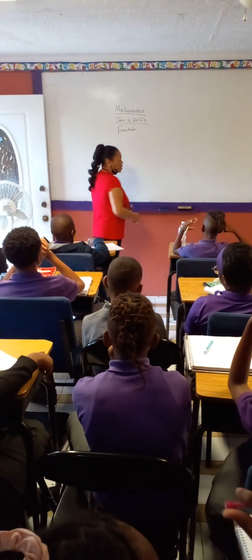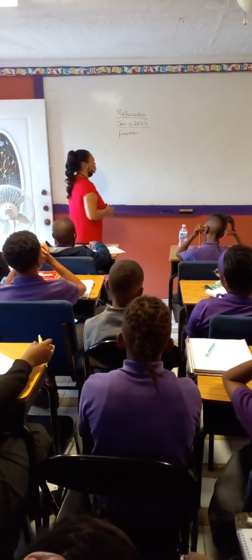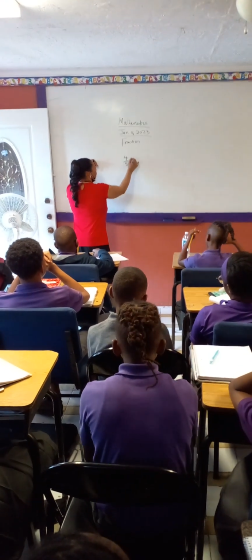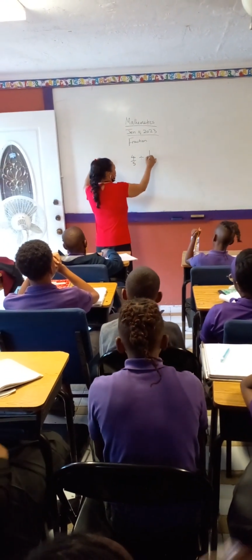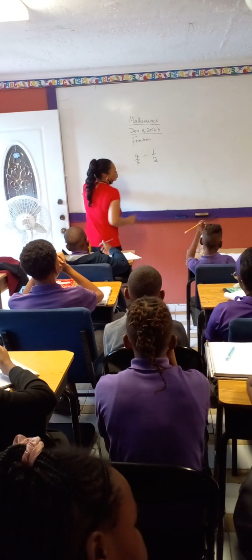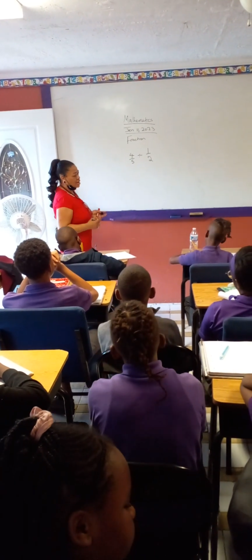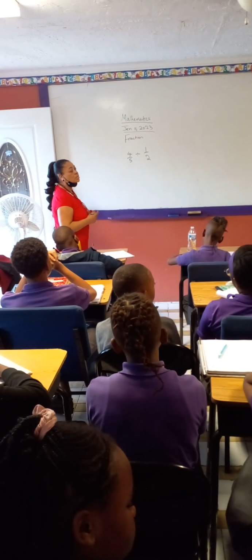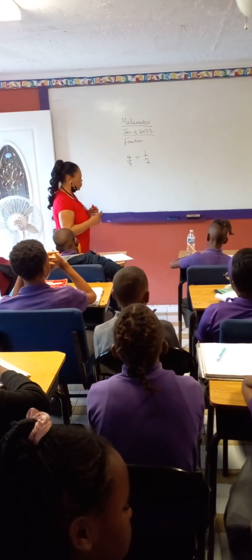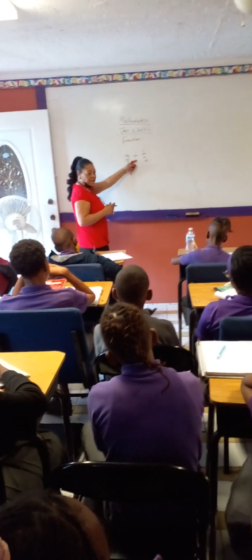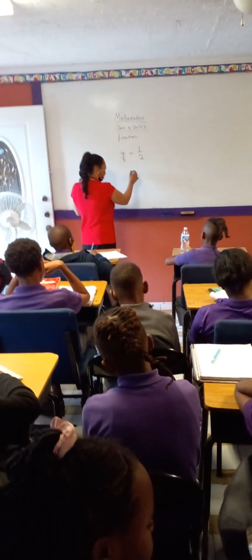Now, similar to multiplication is division. So I gave you 4 over 5 to be divided by 1 over 2. Now what did I tell you happens when we're dividing a number? First of all, we change the division sign to multiplication.